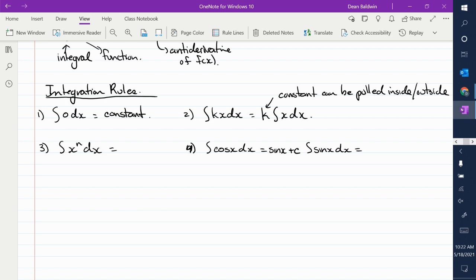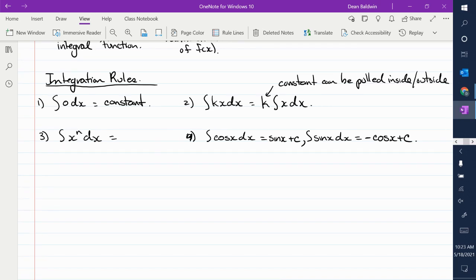What's the antiderivative of sine? Minus cosine plus c. Okay, so the antiderivative of cosine is sine. The antiderivative of sine is negative cosine. All right.